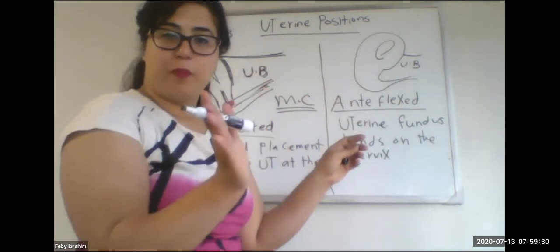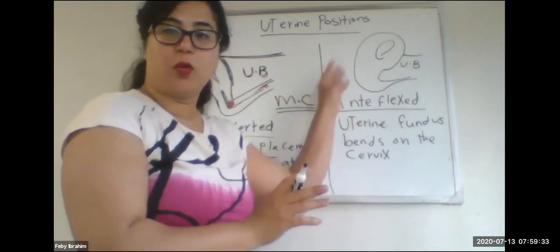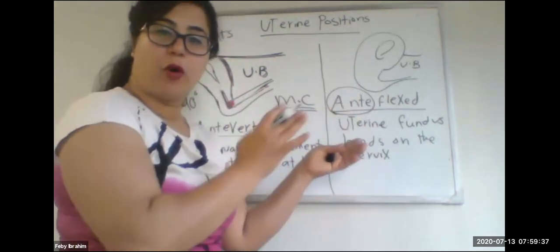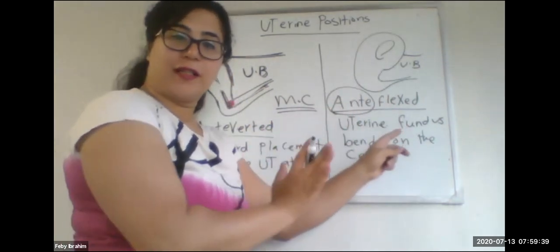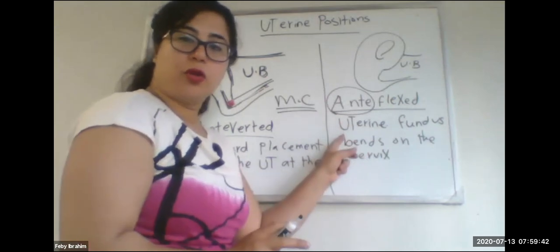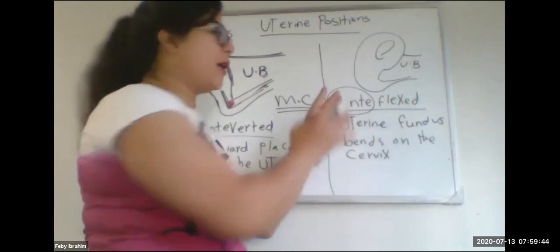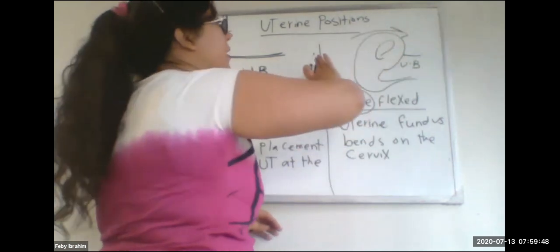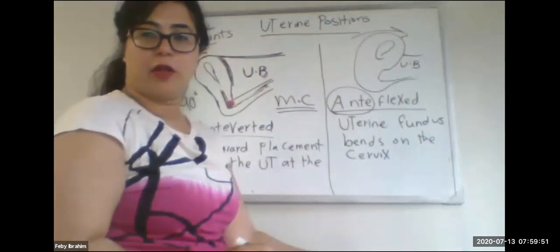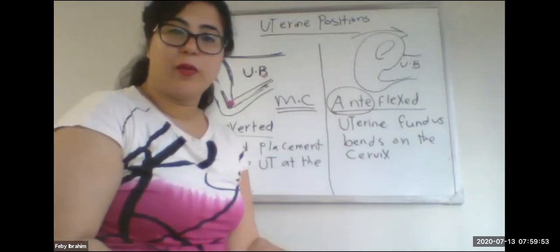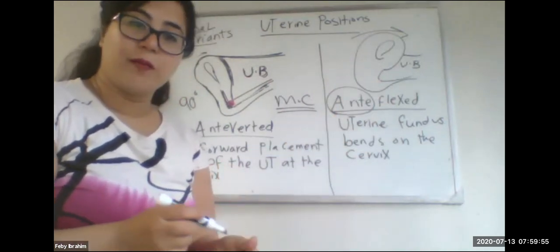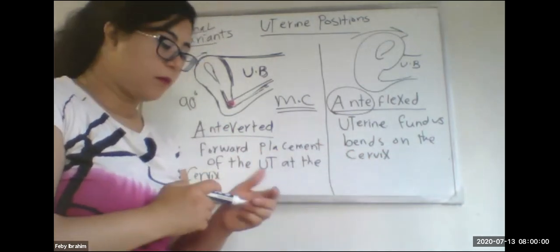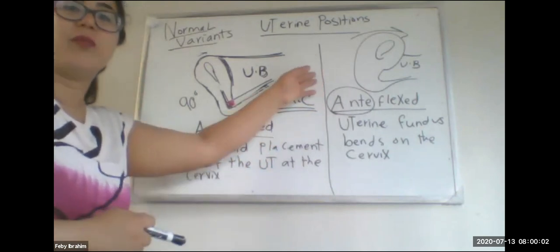What about the antiflexed? Antiflexed, it's bent or flexed toward the bladder. Ante means forward, and flexed means bent. So the uterine fundus bends on the cervix. You see how it's tilted toward the bladder, and the bladder here will be empty. Sometimes the bladder and rectal distension will affect the uterine position.